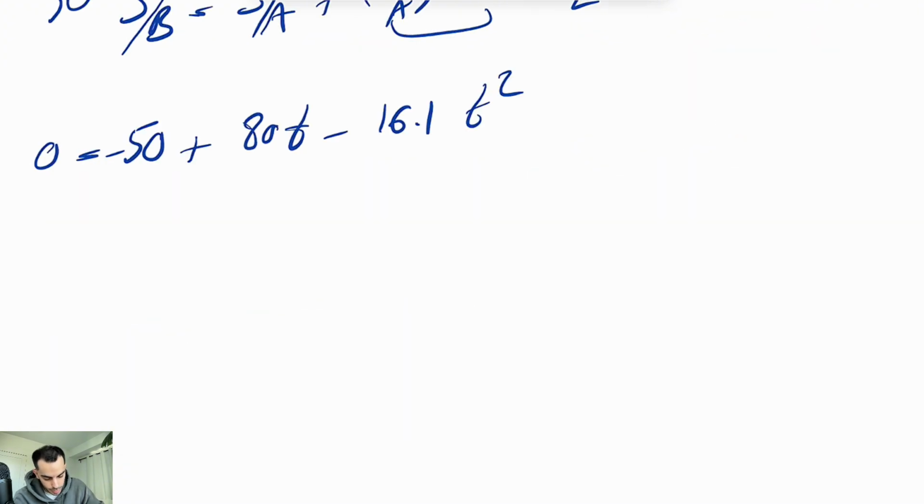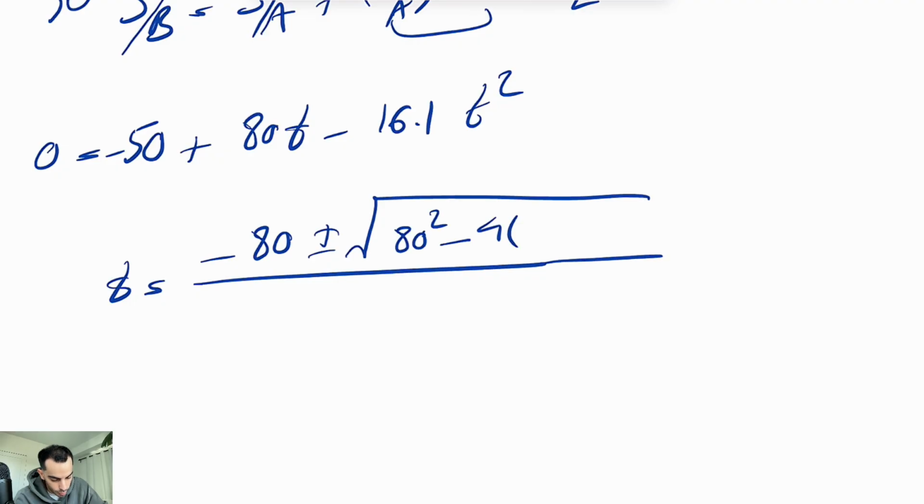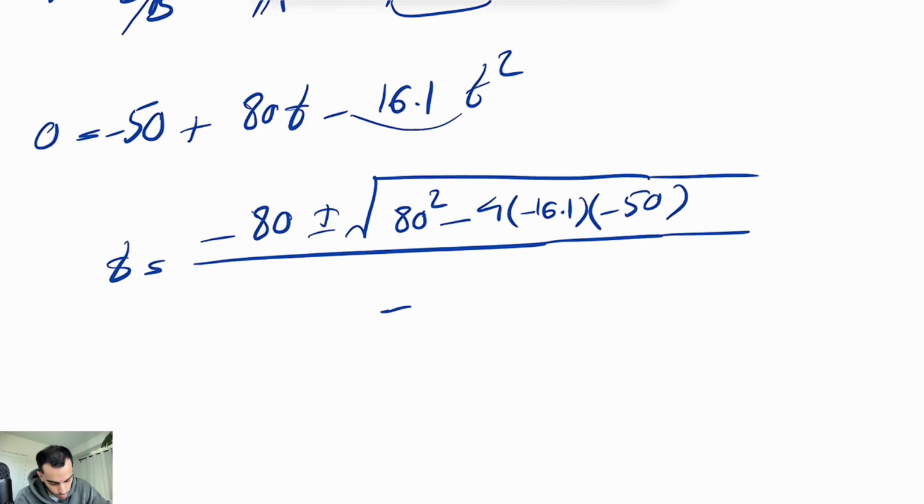We're going to use the quadratic formula: negative b, negative 80, plus or minus the square root of b squared, so 80 squared minus 4 times negative 16.1 times negative 50, over 2a, so 2 times negative 16.1. This actually needs to be here. Let's calculate this.